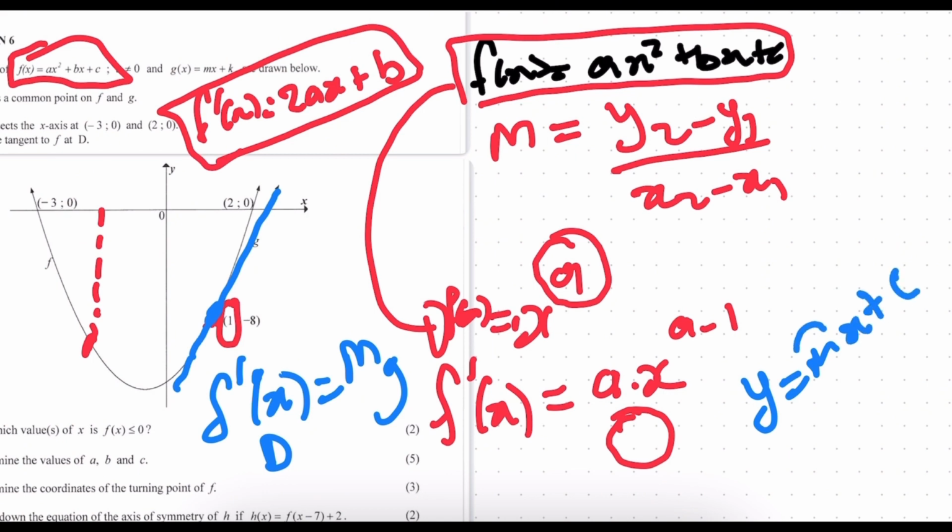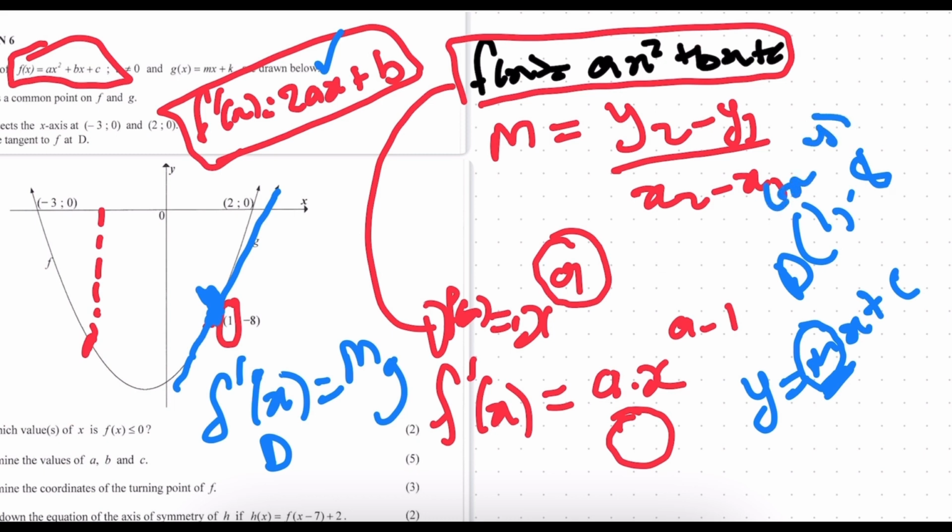If you wanted to determine this gradient here, you'd literally take a derivative of this function at this point, plug in the x value at this point, then get a value. That value is going to be equivalent to what? To your m here. And then you plug in the value. You literally have your 1 is to minus 8. This is your x, this is your y. You plug in these values over here, ne? Over here to determine the value of c. Now you have the equation of g.